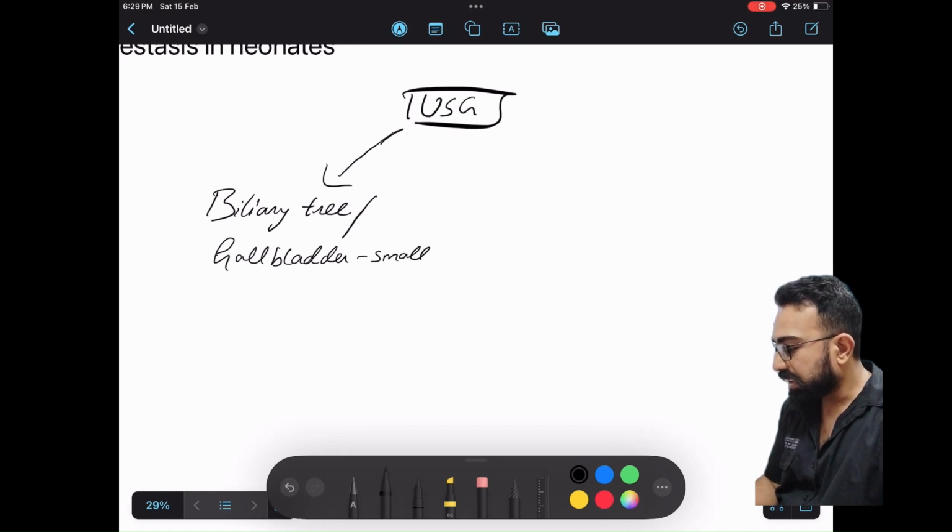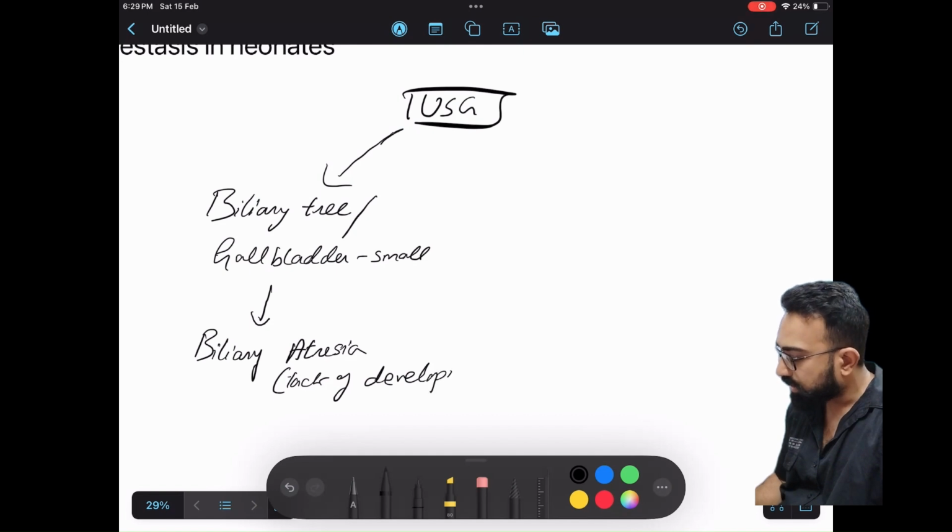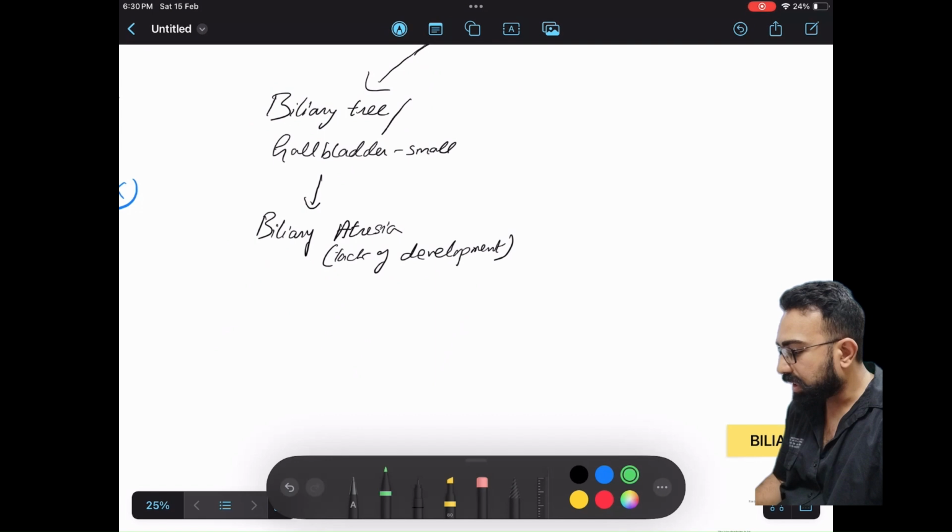The biliary tree is absent, the gallbladder is absent, or it is a small, rudimentary gallbladder. This condition is called biliary atresia. Atresia means lack of development.